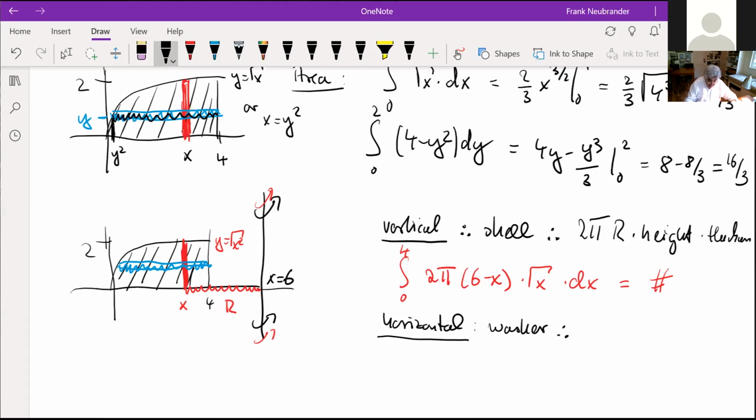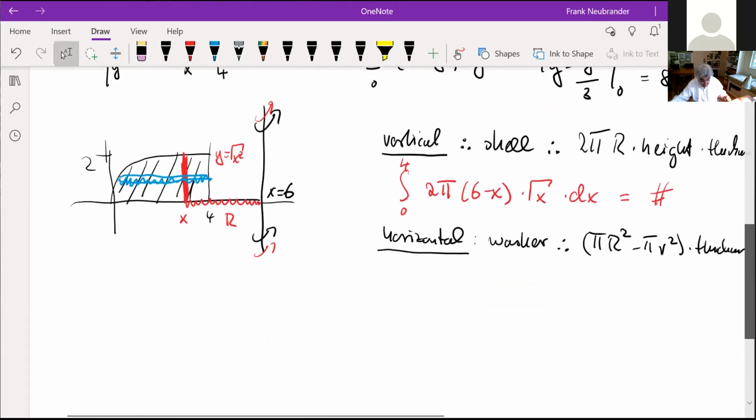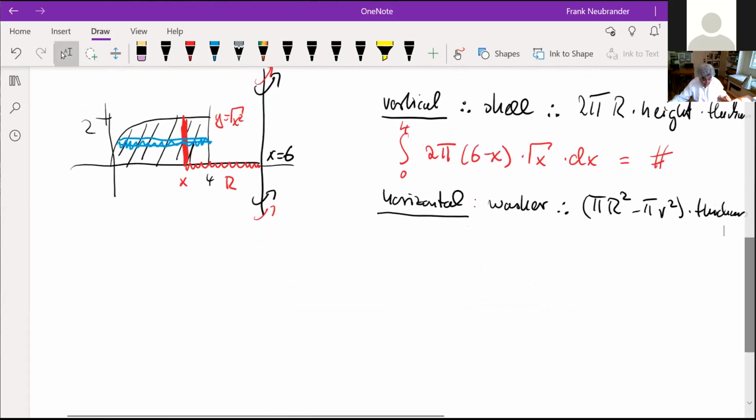And the key formula for the volume of a washer is pi times the outside radius squared, the big radius squared, minus pi times the small radius squared, and the whole thing times the thickness. Now you have to go back to the image, and in your case figure out what is the big radius and what is the small radius.